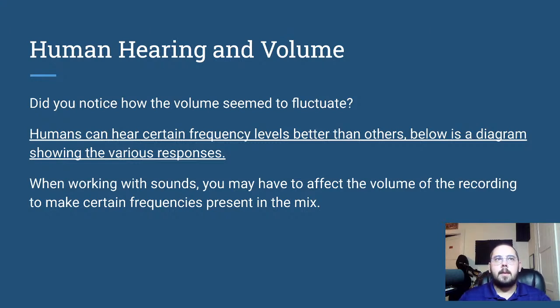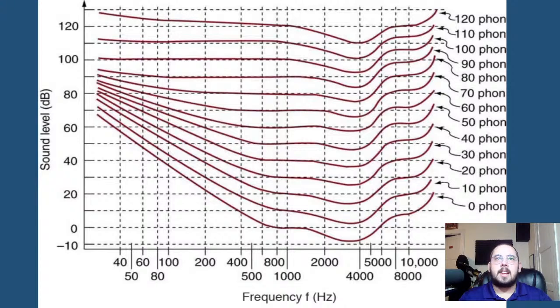One thing is basically that humans can hear different sounds at different volumes. And I've just got a diagram showing that. It's a really interesting graph if you've never seen it before, but basically, as a sound travels through here, even though it starts at a specific sound volume, it may be perceived lower.